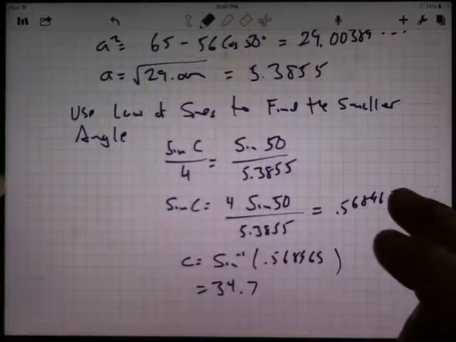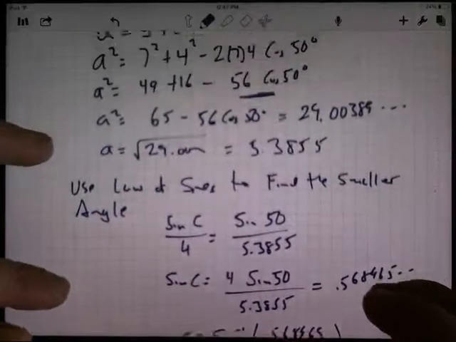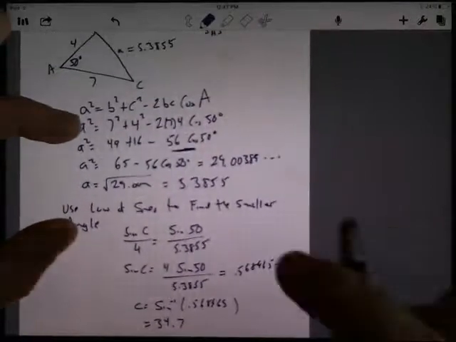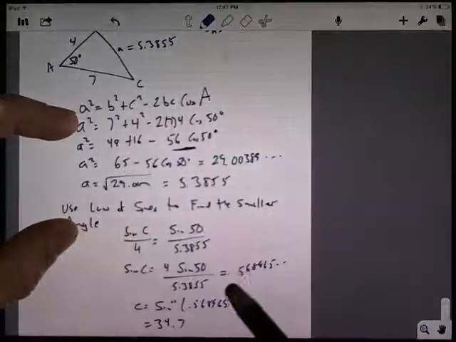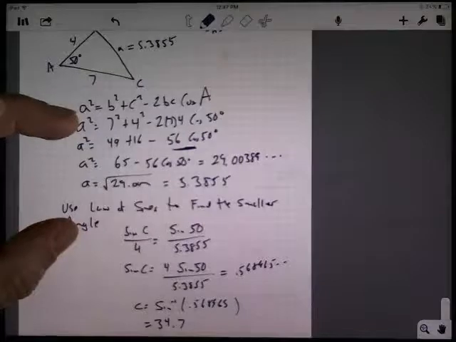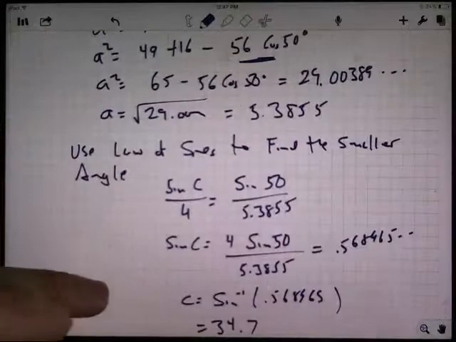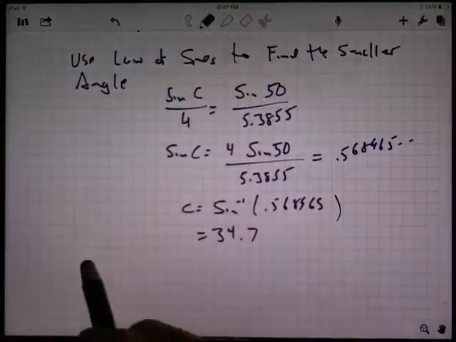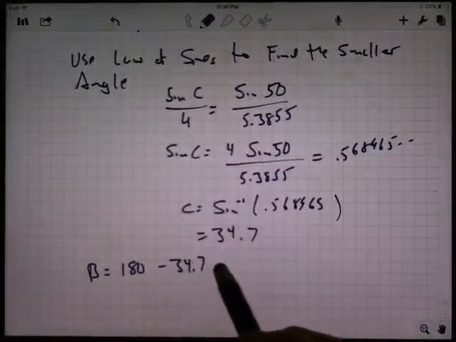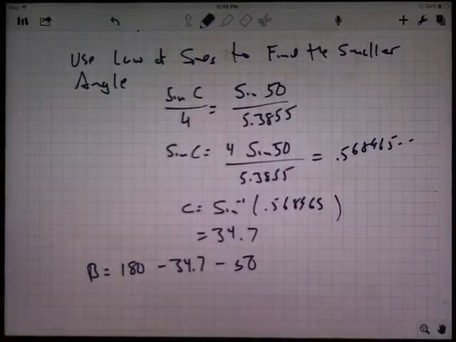Now that I have angle C, I already knew angle A. Angle A was 50, and this is now 34.7, so I can get angle B by subtracting from 180. So angle B is 180 minus 34.7 minus 50, and I think it is going to turn out to be bigger than 90 degrees here.